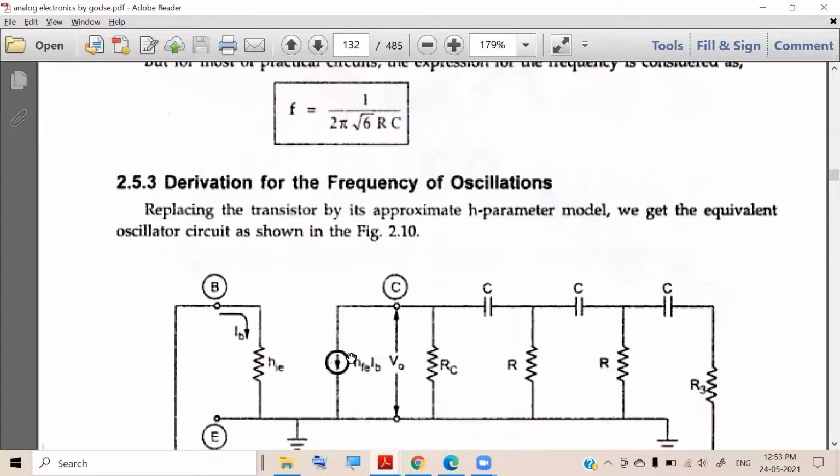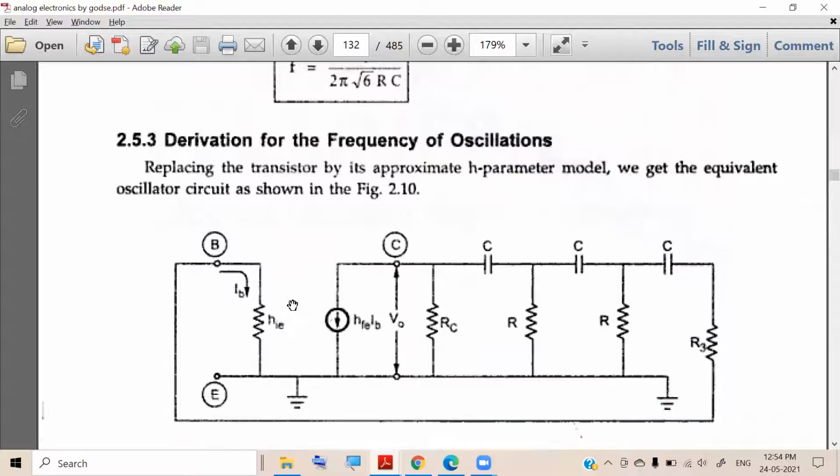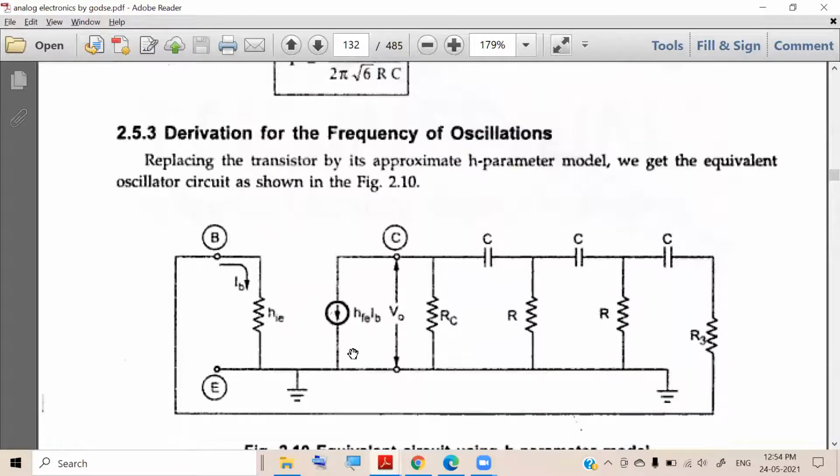So the transistor we are replacing with its approximate h parameter model. What does the approximate h parameter model contain?